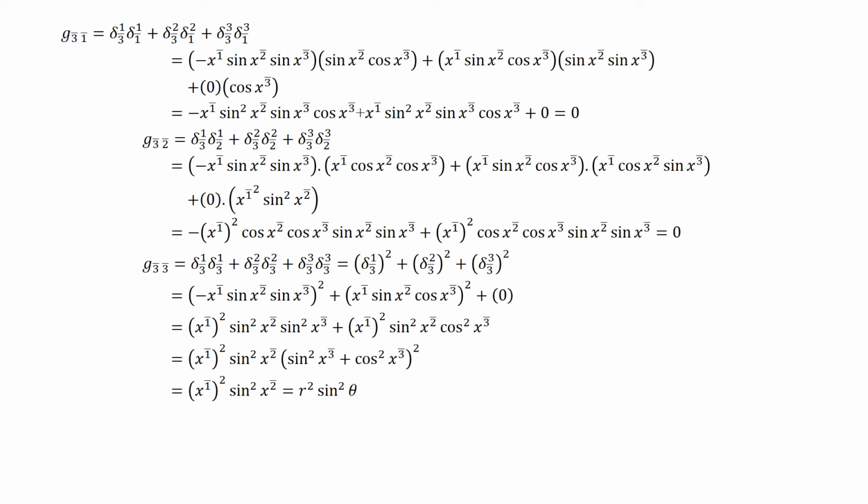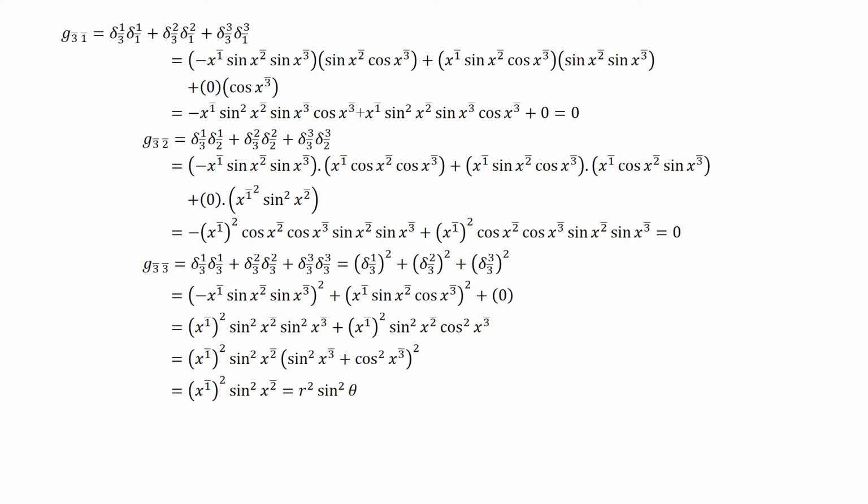And g 3 bar 2 bar is equal to delta 1 3 bar delta 1 2 bar plus delta 2 3 bar delta 2 2 bar plus delta 3 3 bar delta 3 2 bar, and multiplying and applying these terms the answer is 0.